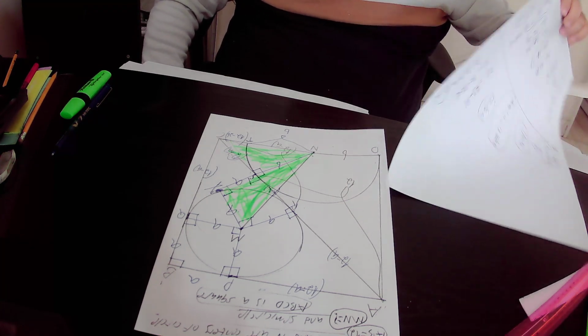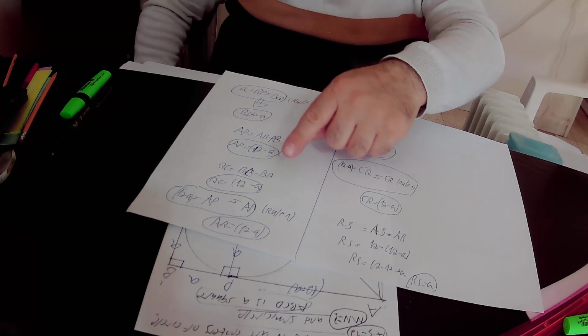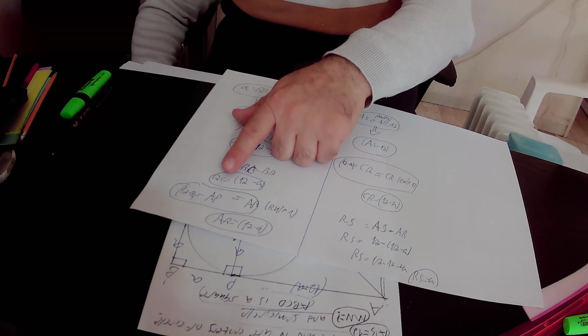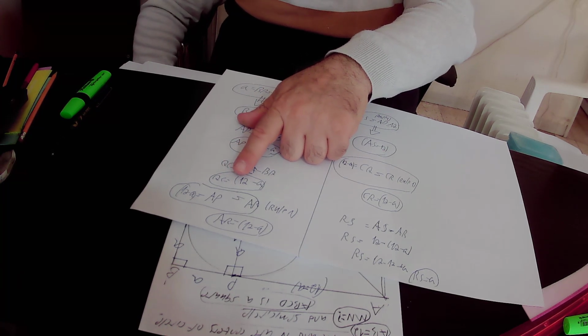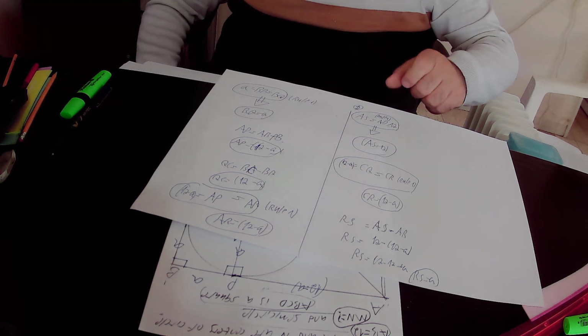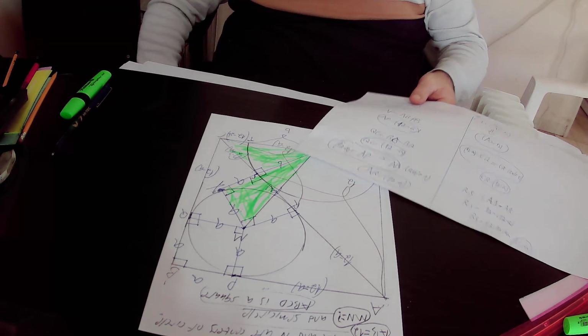AP is equal to AR, but we have already found out that AP equals 12 minus A, so from this equation, 12 minus A equals AP equals AR, we conclude that AR is also equal to 12 minus A.